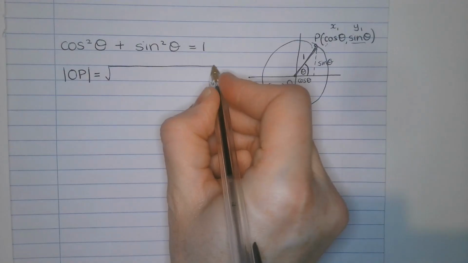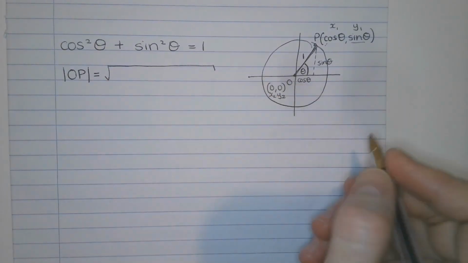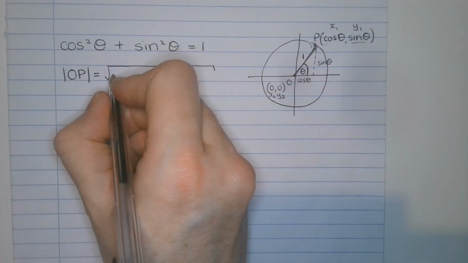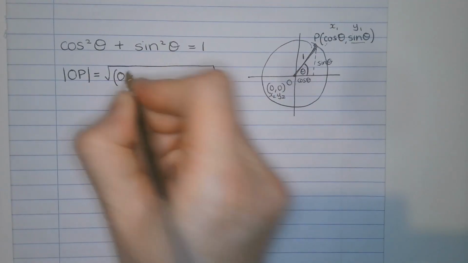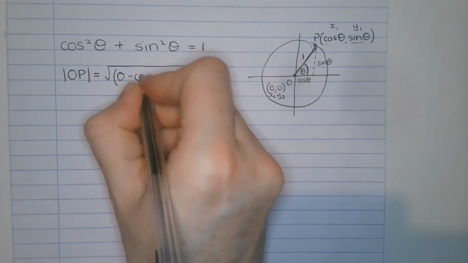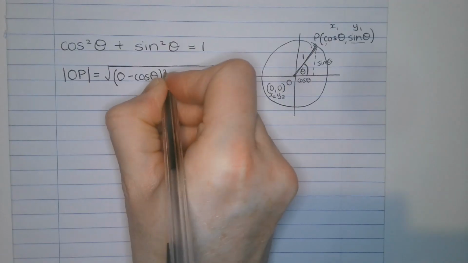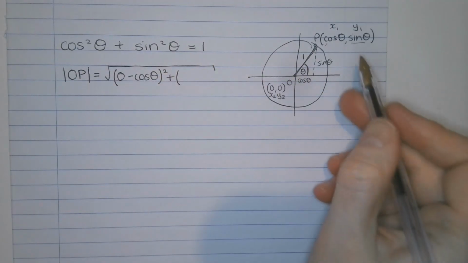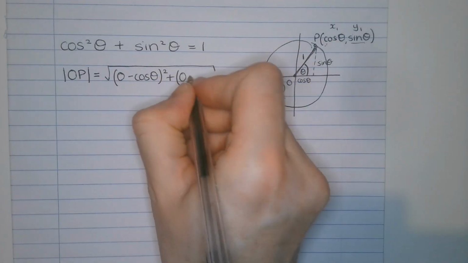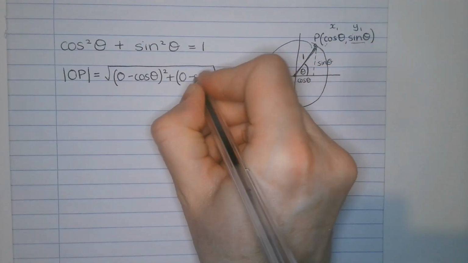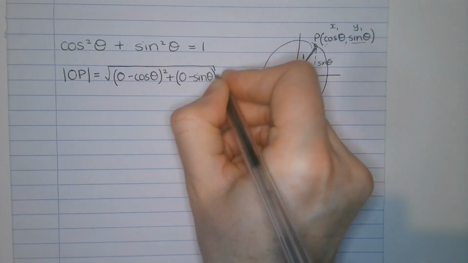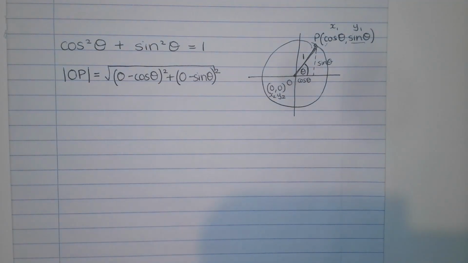So when we fill into our distance formula, we'll get x2, which is 0, minus x1, which is cos theta, all to be squared, plus y2, 0, minus y1, which is sine theta, to be squared.